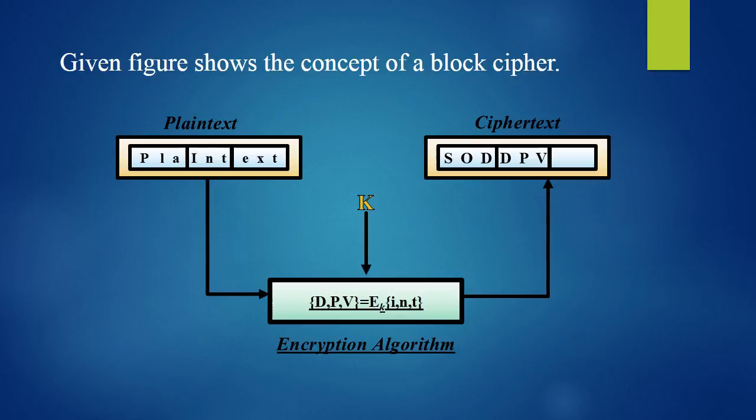When the second block is fed as an input to the algorithm with key K, the output will be the corresponding ciphertext block. In the input block we have characters I and T. In the output we have characters D, P and V. So for the first block PLA we have output SOD. For the second block I and T we have output block DPV.